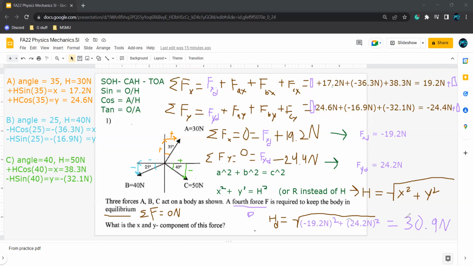And then if you are going to find the angle that this vector is existing at, then over here, we know that it's going to be in the negative x direction and in the positive y direction.